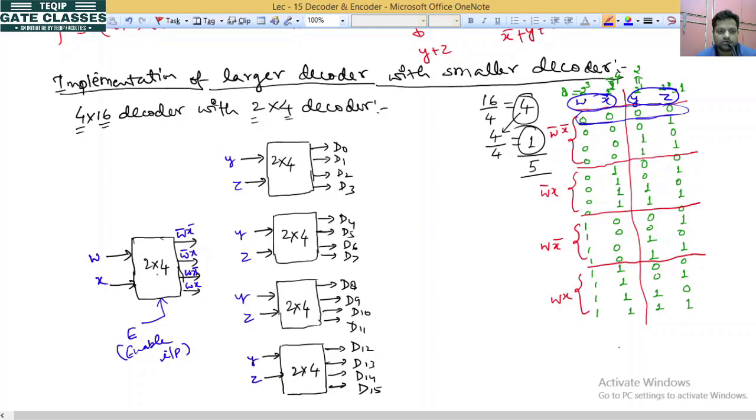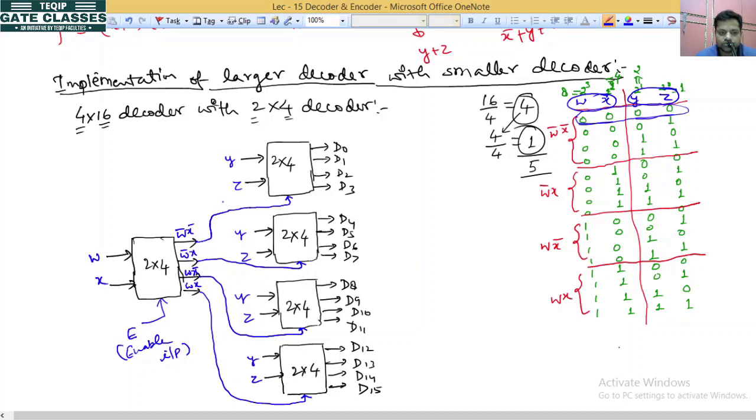But we have a 2 cross 4 decoder, so it generates all the min terms of two variables. So you can connect this w bar x bar with the enable input of the first one. Again, this can be connected with the enable input of the second one, this with the enable input of the third one, and this as the enable input of the last one.